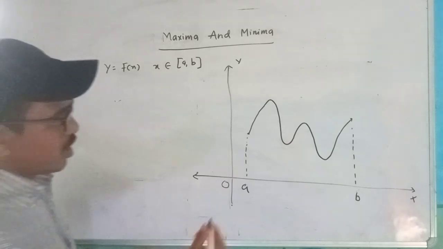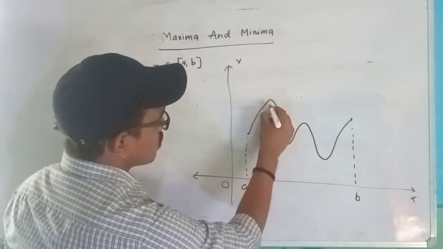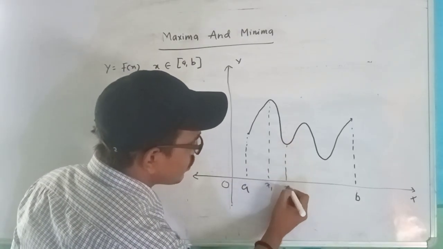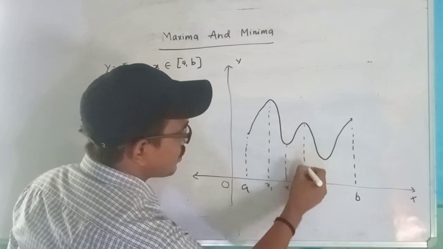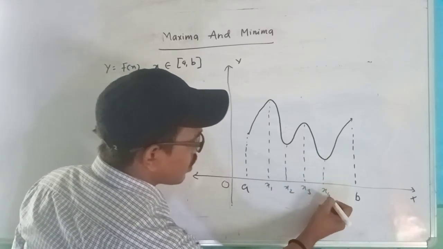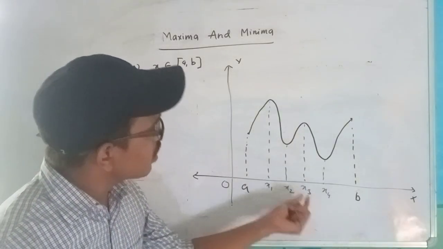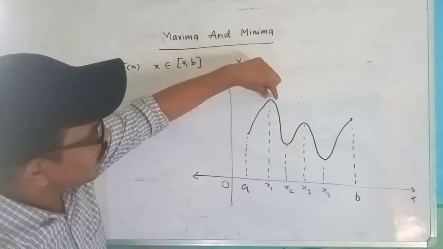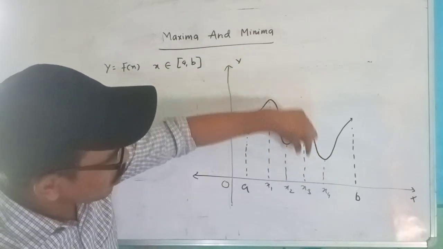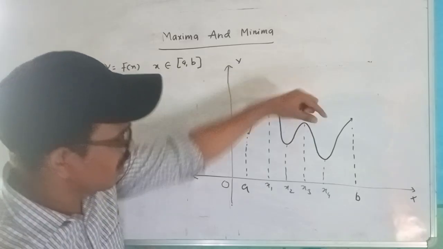Let's name these points x1, x2, x3, and x4. At points x1 and x3, the graph is attaining a maximum value in its neighborhood.